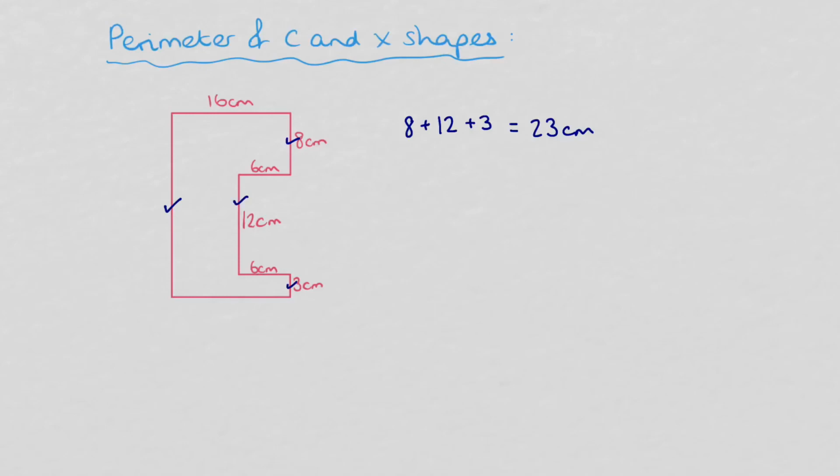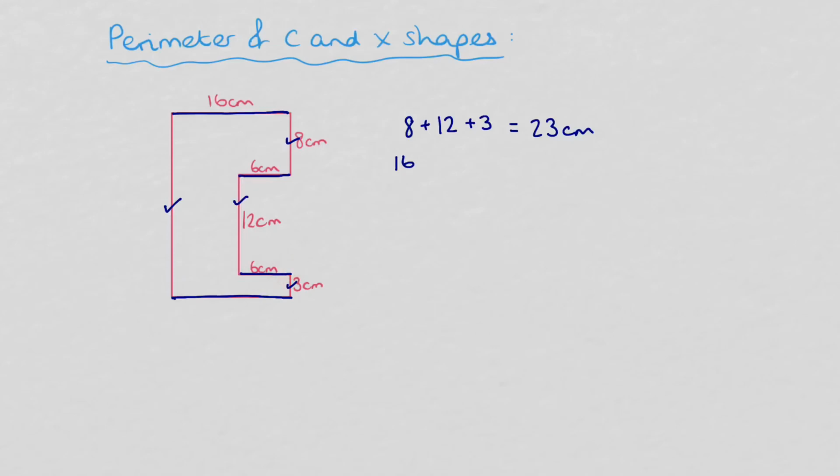The lines we've still to find the length of, well, we've got that one there, that one's 16. But we need to make sure we've got the whole perimeter, so we need all the long lines and all the uppy-downy lines, all the horizontal ones and all the vertical ones. The unticked lines are the ones that I've just drawn in blue there. So we've got 16 at the top here. We've got 6 and 6 there.